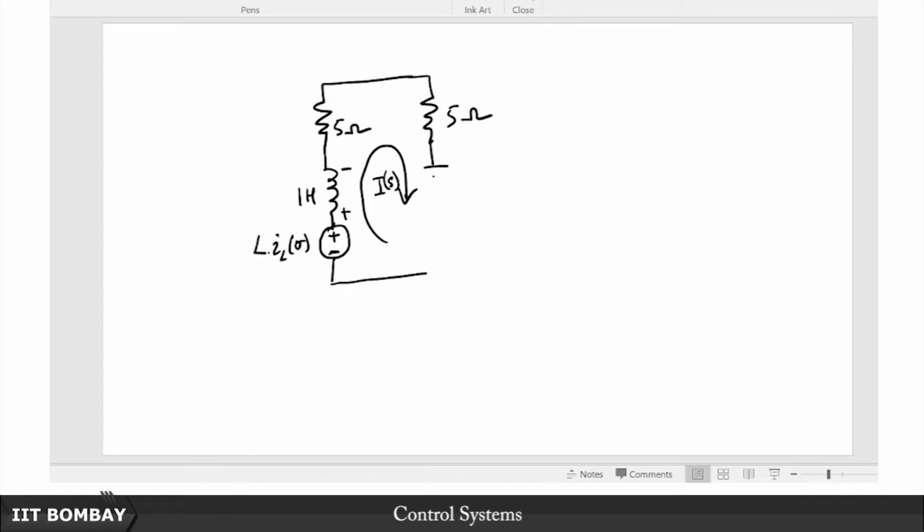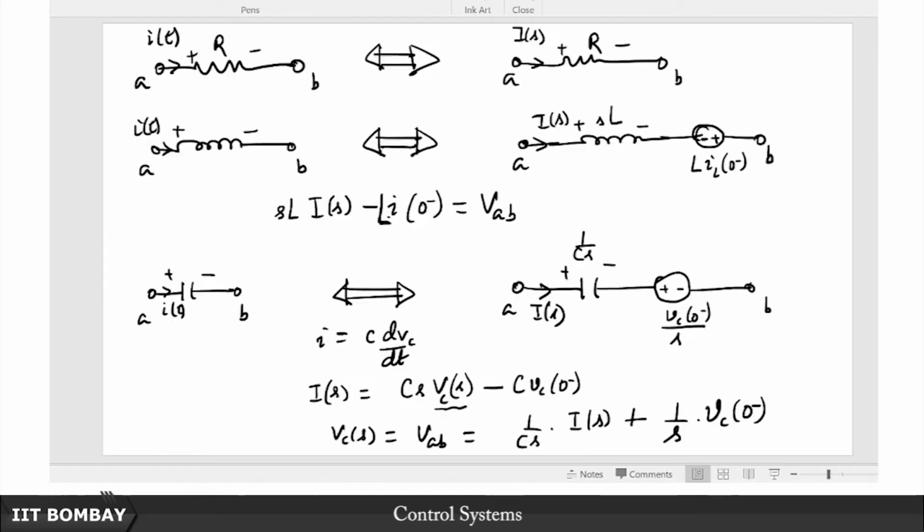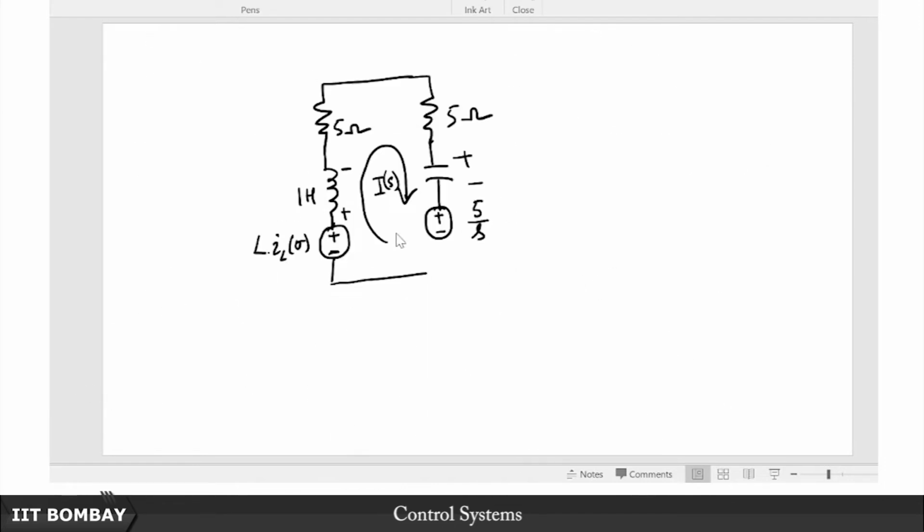Similarly, here we have this capacitor, so this is the polarity of this capacitor, but we will also have to account for this. What was this? This was 5 by S, because it was 5 volts, and remember you have to divide by S, so Vc0 by S.